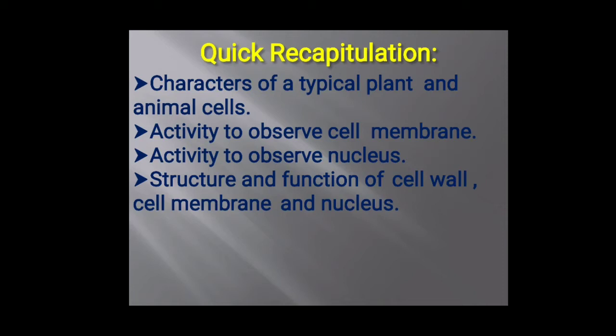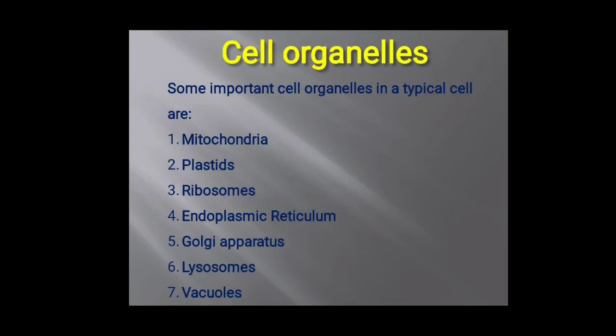Activities to observe cell membrane in onion peel cells, activity to observe nucleus, and structure and function of cell wall, cell membrane, and nucleus. Now let us discuss some important cell organelles in the typical cell.